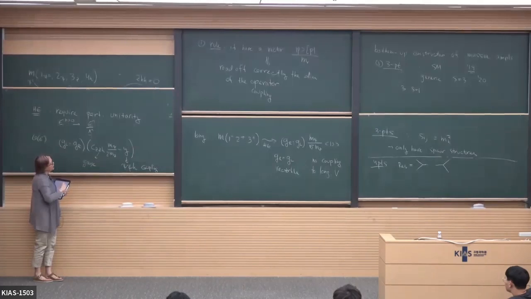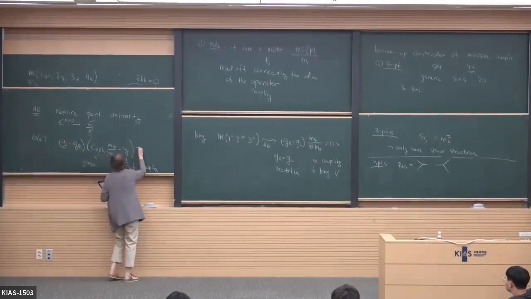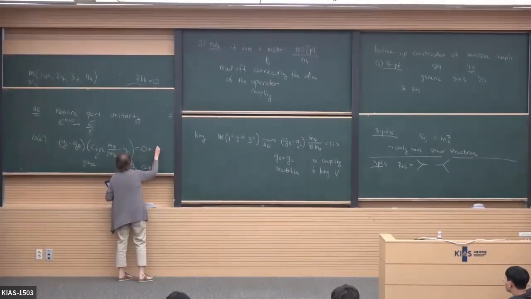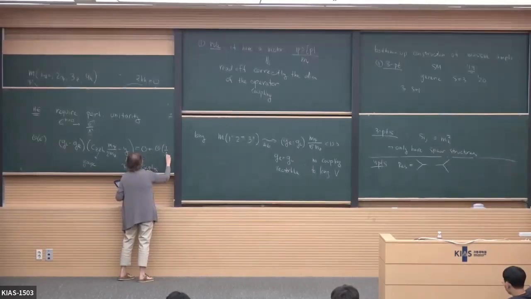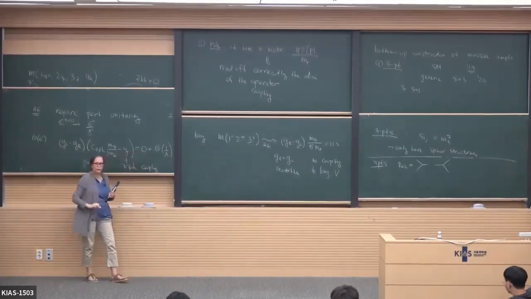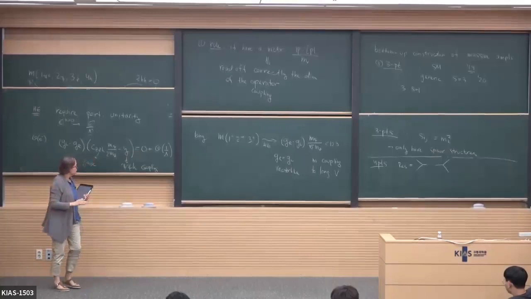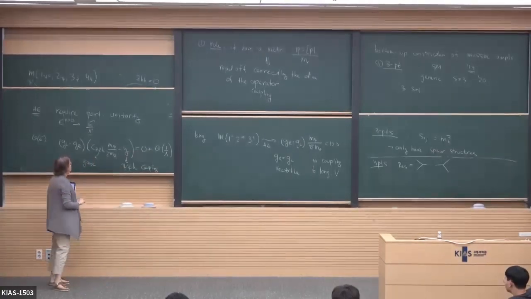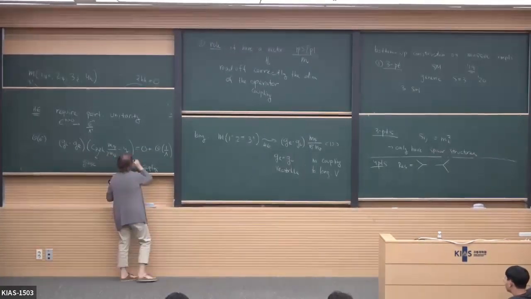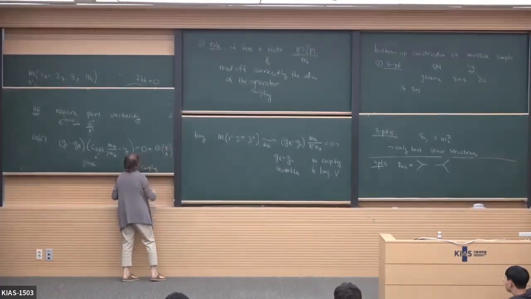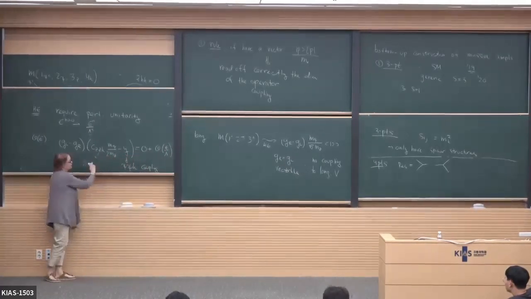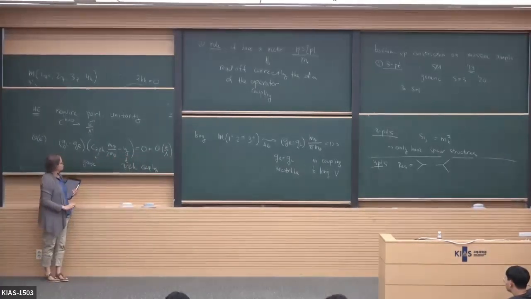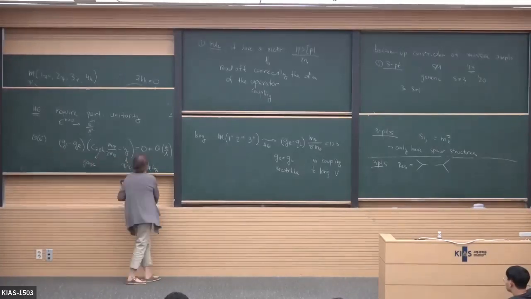So what do I learn? I learn that this thing has to be equal to 0, plus potentially something that's down by lambda. But at the renormalizable level, it should be 0. So what does it give you?